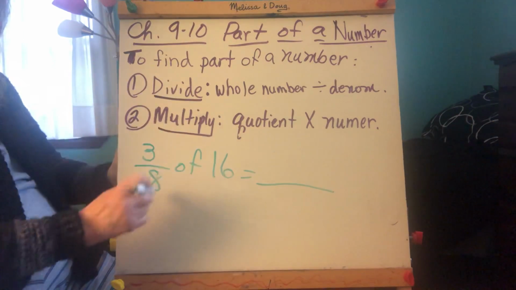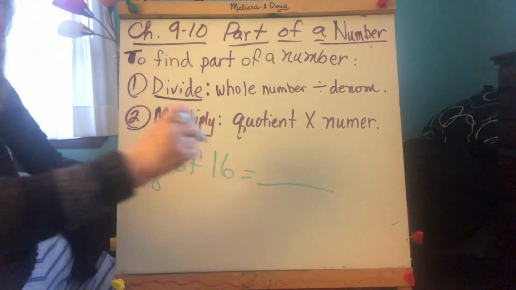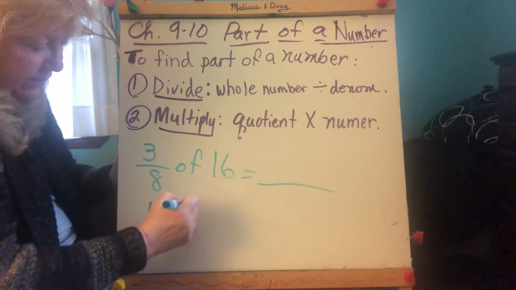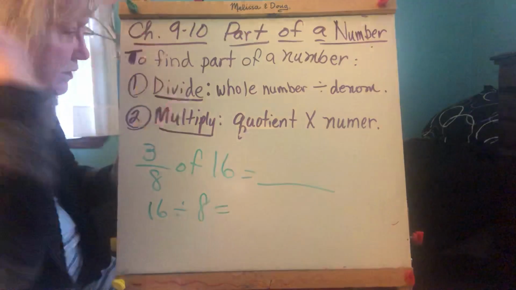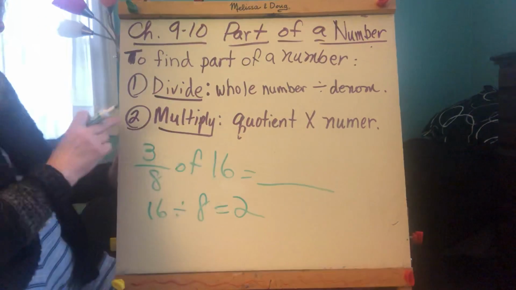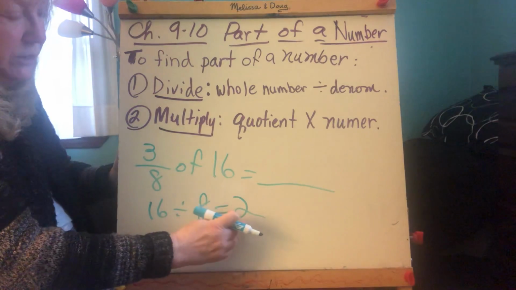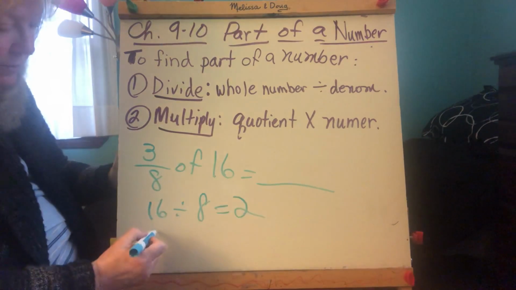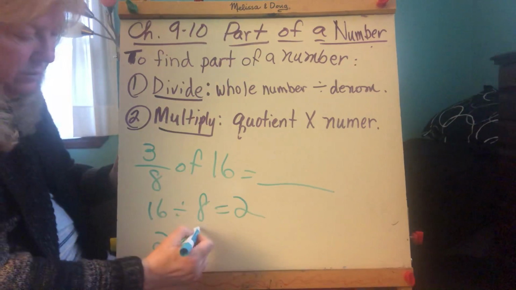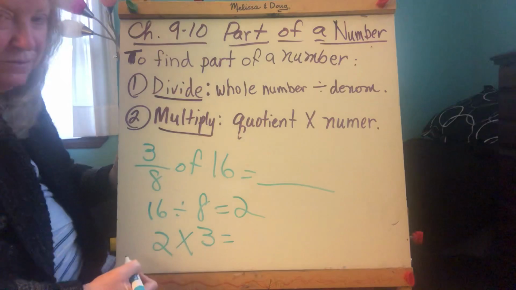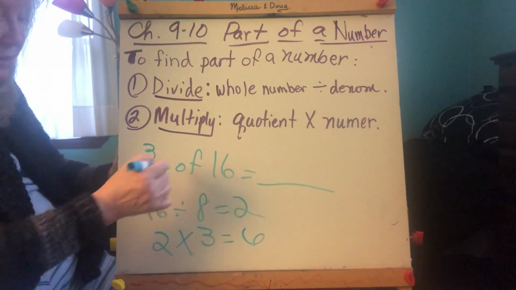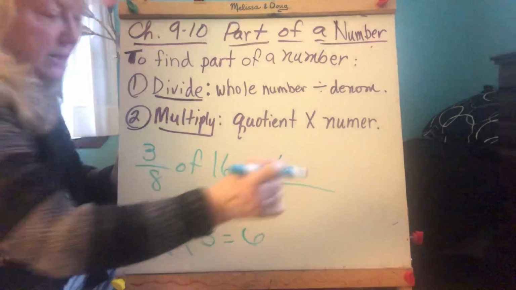So our steps say divide your whole number by your denominator. 16 divided by 8 equals, right, 2. Step 2 says multiply your quotient times your numerator. Quotient times numerator equals 2 times 3, 6. So 3/8 of 16 is 6.